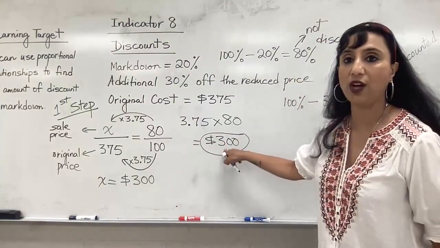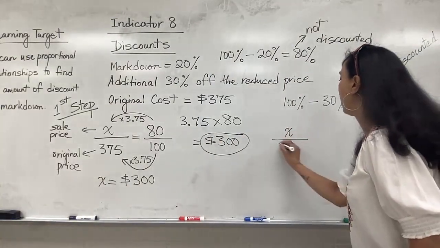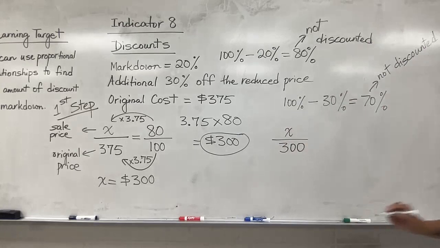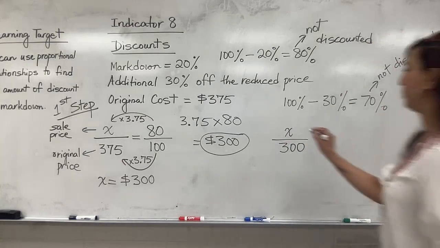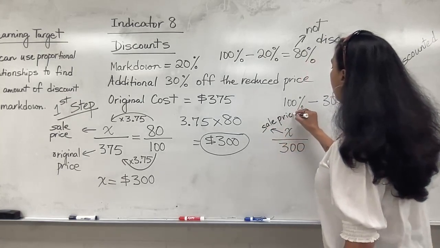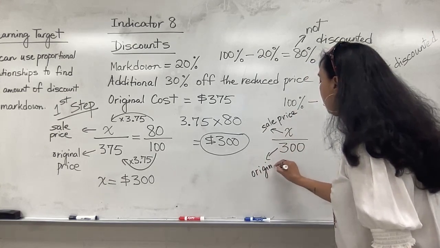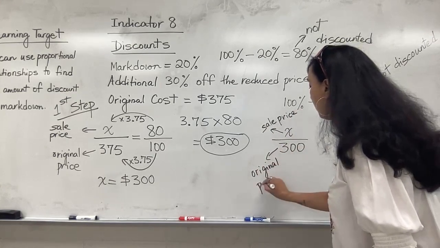Is $300, right? So I'm going to write X over 300 because that is my new amount now, where X is my, again, what? This is my sale price, and this is my original price, because original meaning after the discount.